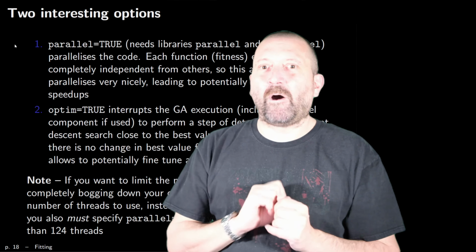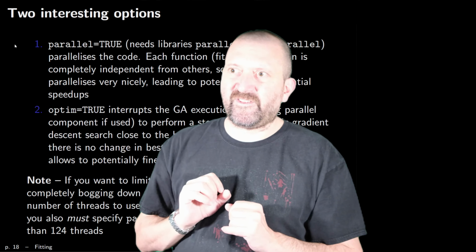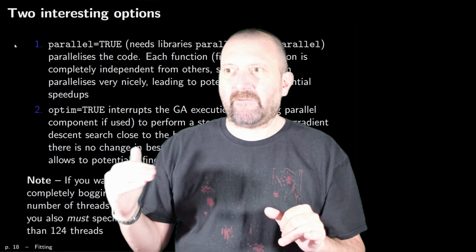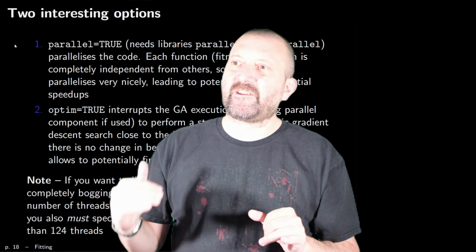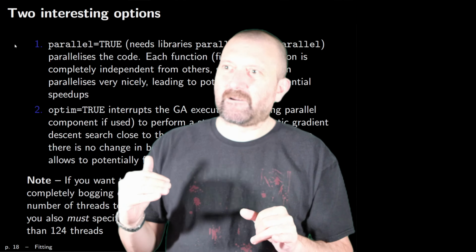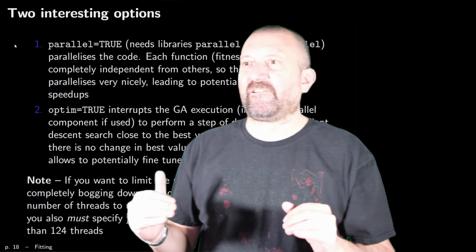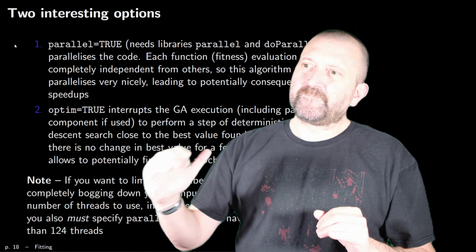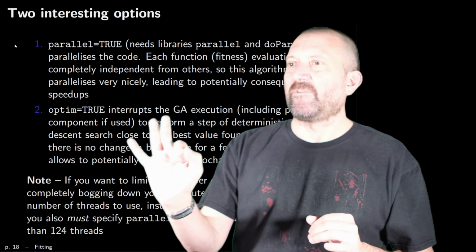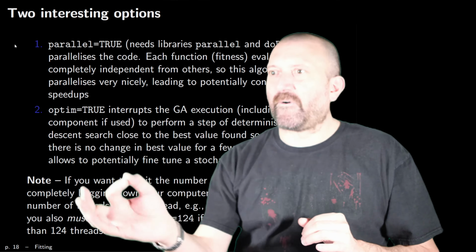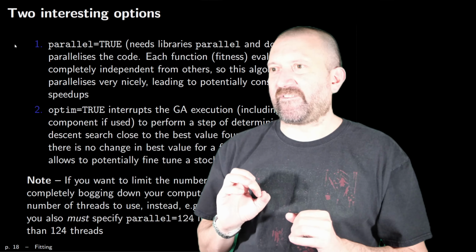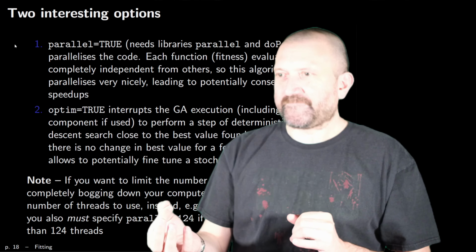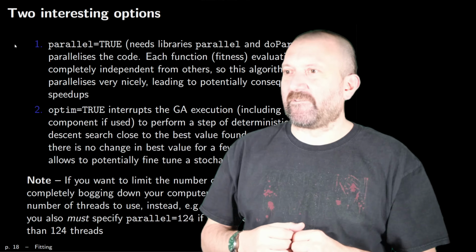Well, what this option optim equals true does is that from time to time, when you have a number of iterations of your genetic algorithm that doesn't change, it stops the genetic algorithm proper, takes the best solution that you have at that point, and tries a little bit of deterministic optimization around that point. Okay. And then it kicks back into a genetic algorithm.